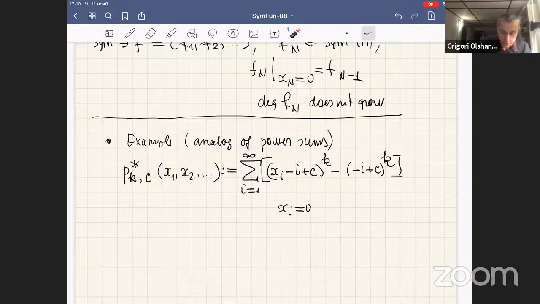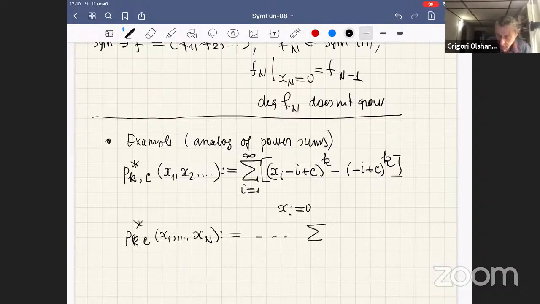So more precisely, if you want to define a polynomial, the definition is the same, only the sum is from i from 1 to n.